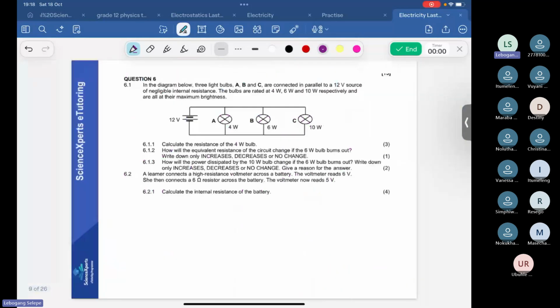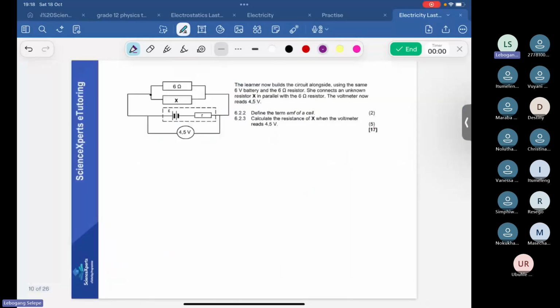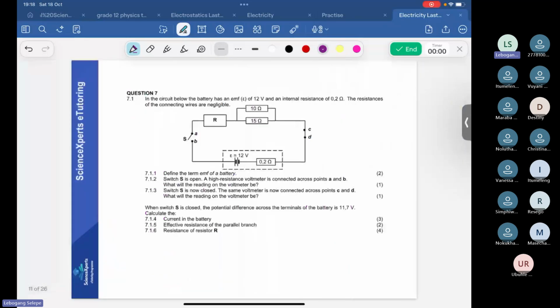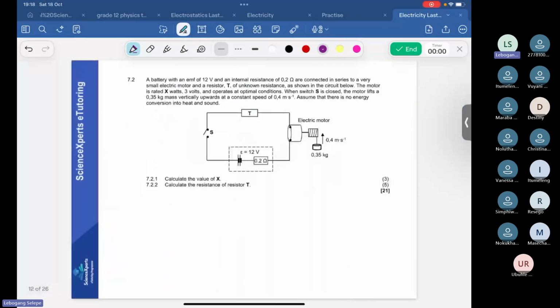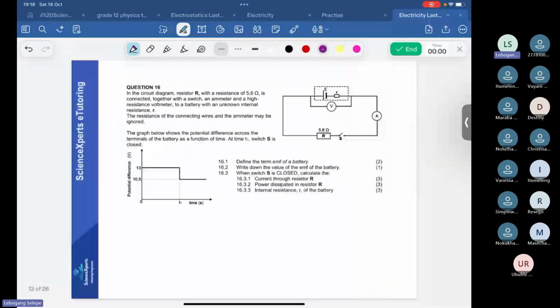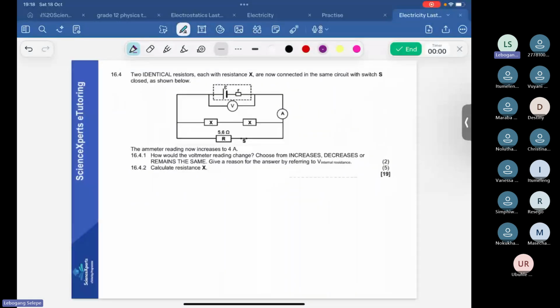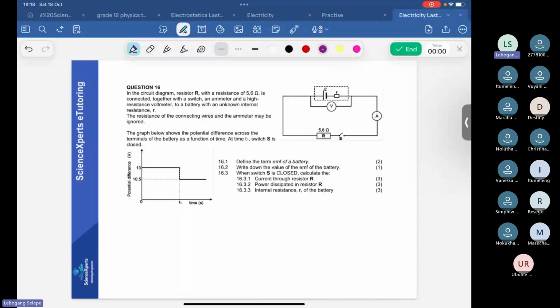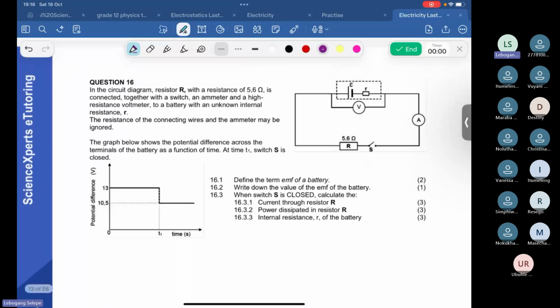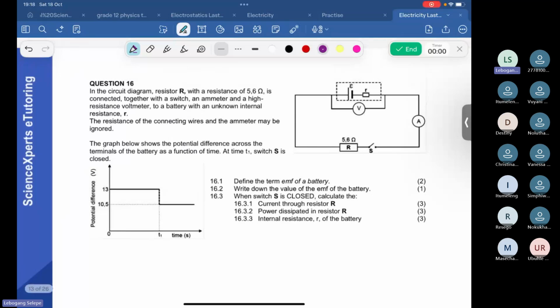All right, let's move on to a graph question. The rest you do on your own. Take a look at this one. Here, they gave you the EMF and the V external in a different way, not in words, but in the form of a graph.